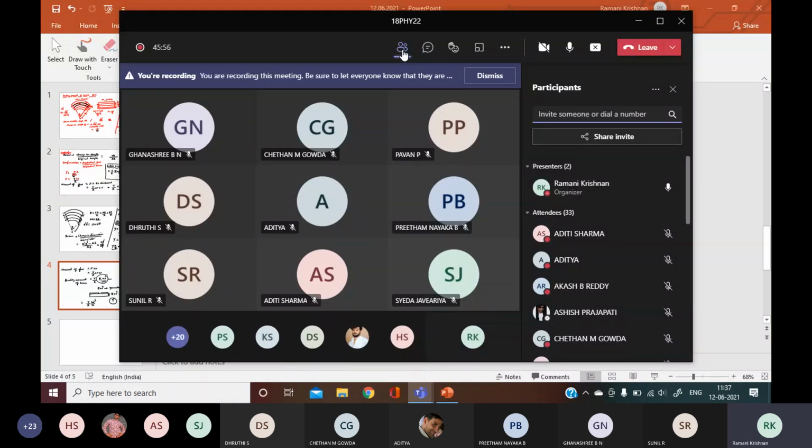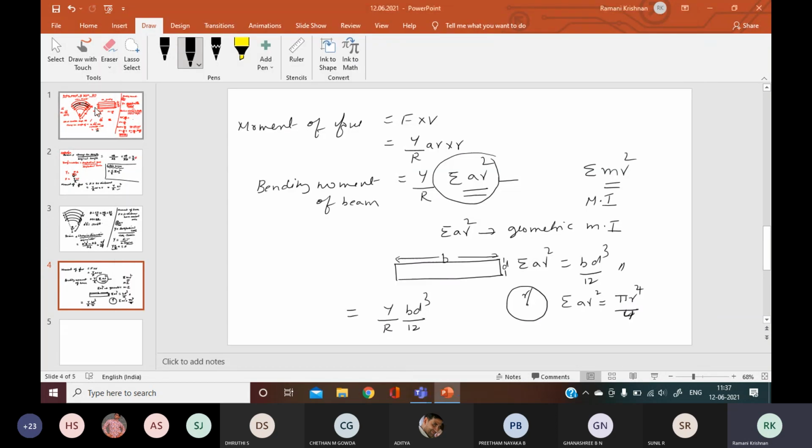In the beam, there are different layers. The layer which does not undergo any change in dimension is called the neutral layer, the neutral axis. We are finding bending moment due to the layer AB with respect to the neutral axis, because it is not undergoing any changes.